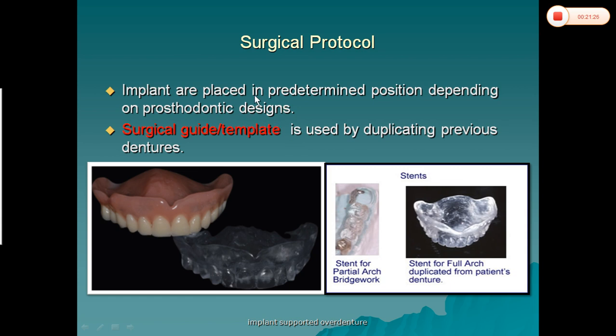First we have identified the implant sites by CBCT. Implants are placed in predetermined position depending on prosthodontic design, depending on attachments, level and everything. We identify where to place the implants. Then surgical template or guide is made by duplicating previous dentures.